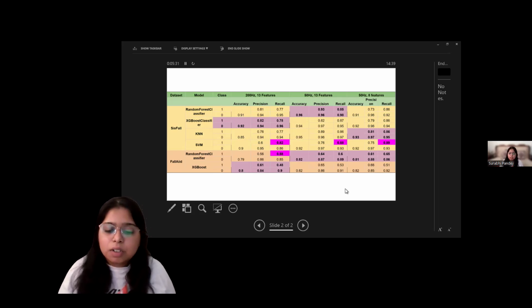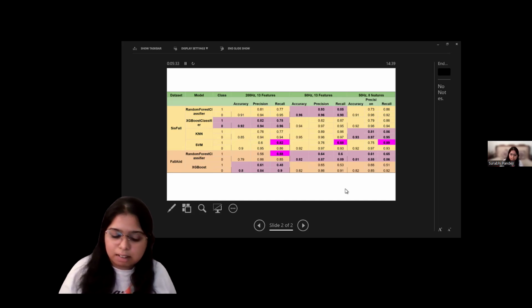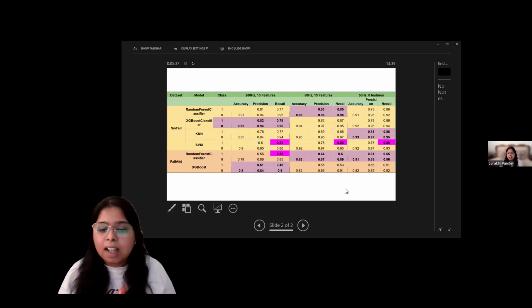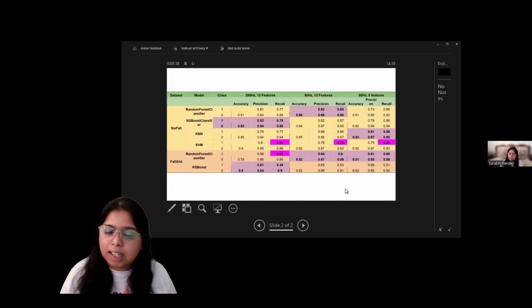Then splitting the data set into training and testing parts, then scaling, then encoding the labels, and then I had to train different models, which I talked about earlier, and then evaluate on different metrics like accuracy, precision, recall.